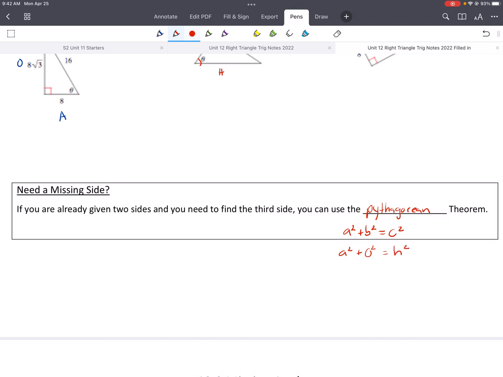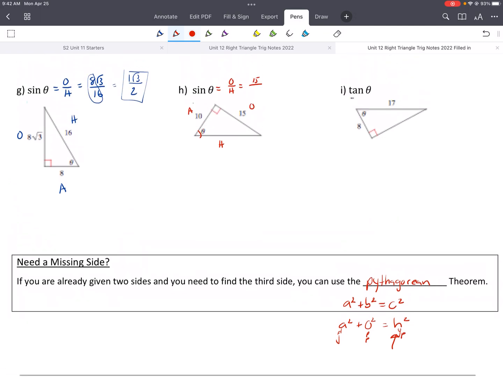So what we need to make sure is that the hypotenuse has to always be c if you're using a squared plus b squared equals c squared. Okay, but our sides, when we label them, they'll probably be like adjacent, opposite, and hypotenuse. So the hypotenuse has to always be what is by itself, that c squared term.